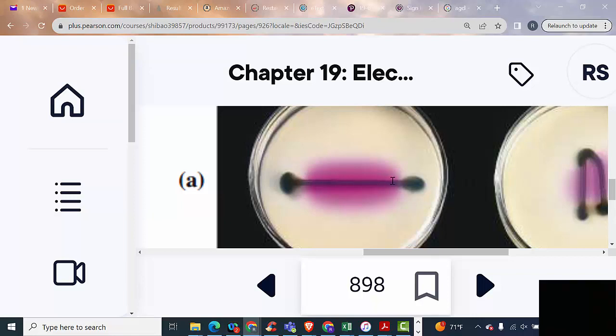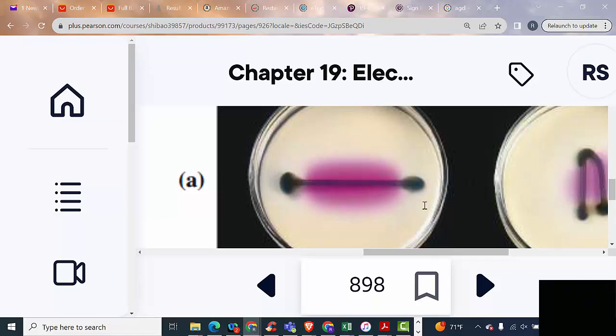You know what they put in here? Phenolphthalein. And phenolphthalein detects what? Yeah, hydroxide. And so the center of the nail is what we call the cathode. The oxygen comes in here, plucks the electrons off the cathode and forms hydroxide.